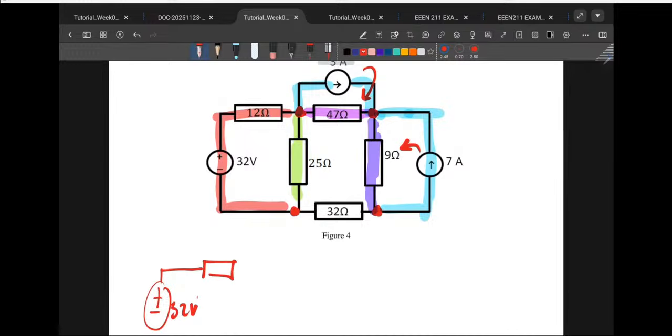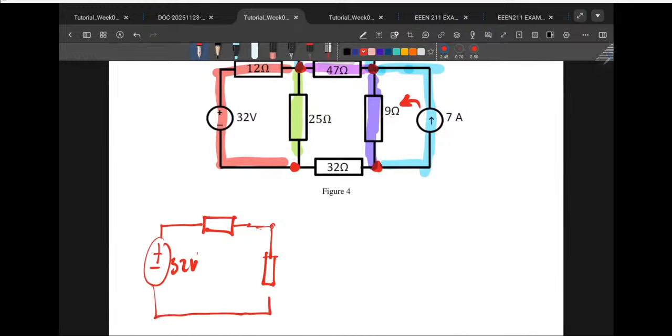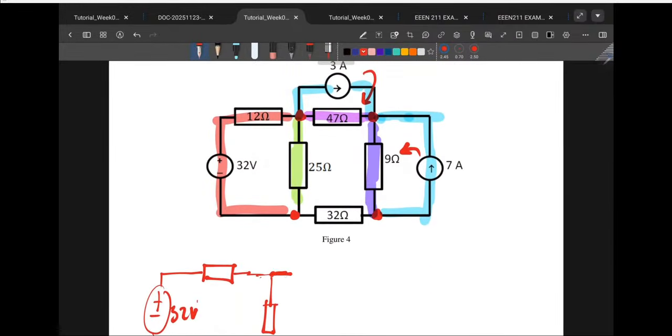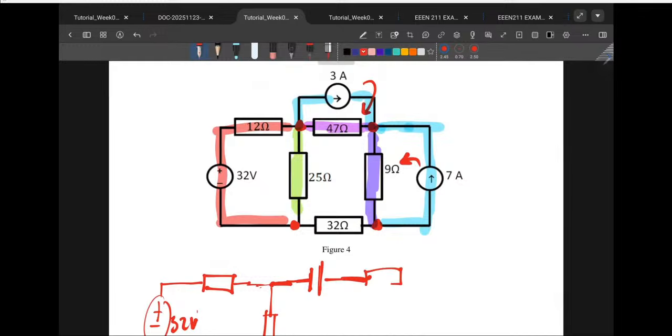So in here you'd say, okay, this is going to be same. Then now you'd say 47 times 3. If you say 47 times 3 in the calculator, you get 141, which is going to be like this. So what you'd have is, it would still be in series with the 47 ohm.